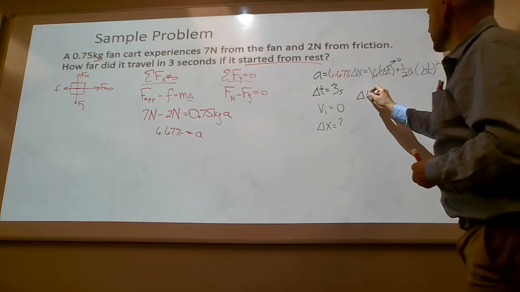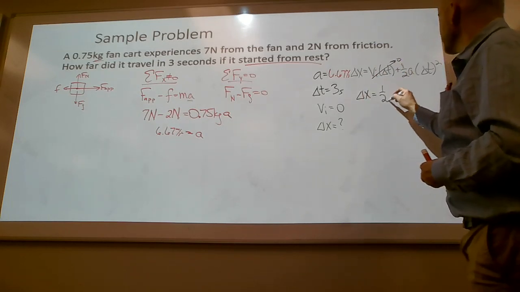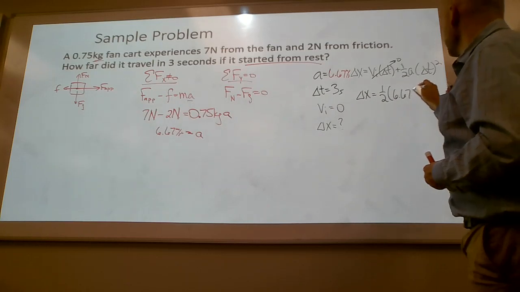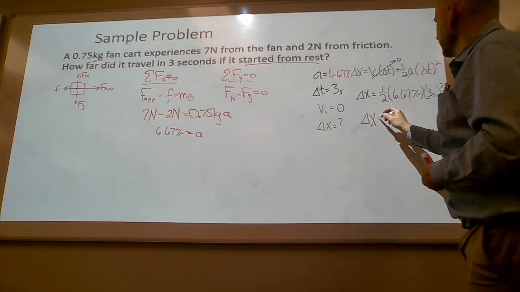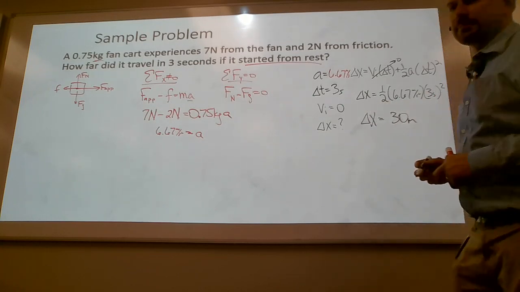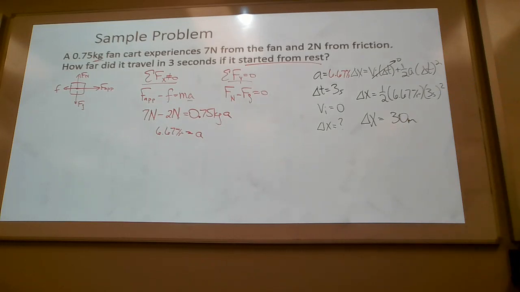Delta x equals 1/2 times 6.67 times 3 seconds squared, which gives you 30 meters. Got it. Good there?